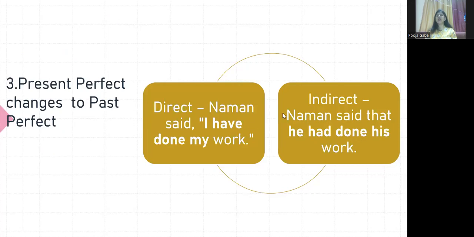And my will become his as according to Naman. Work will be as it is. So in indirect sentence, it will be Naman said that he had done his work. So here you can see that there are certain changes. First, inverted commas are removed, then pronouns are changed, and tenses are also changed.